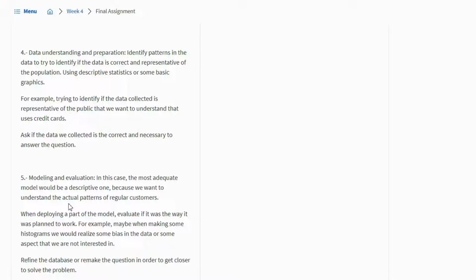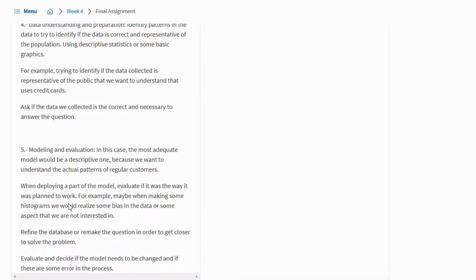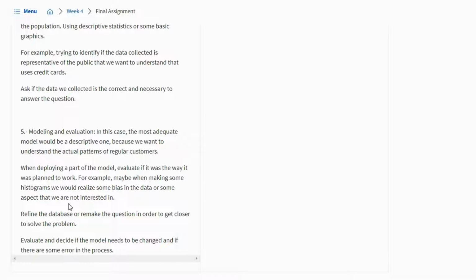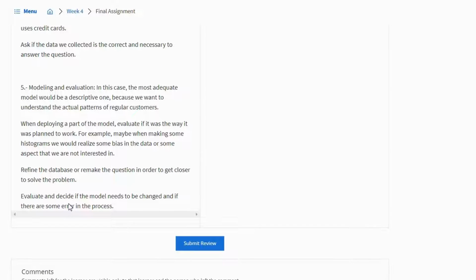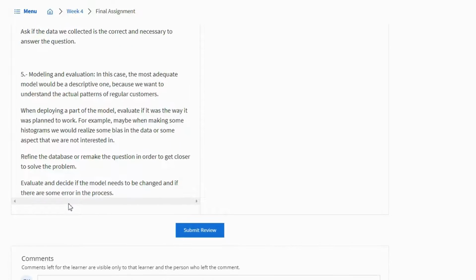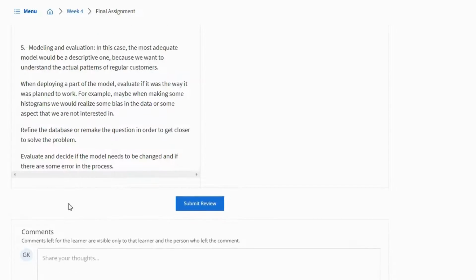For example, maybe when making some histograms, we would realize some bias in the data or some aspect that we are not interested in. Define the database or remake the question in order to get closer to the solution, and evaluate and decide if the model needs to be changed if there are some errors in the process. So these are the things that are happening here.